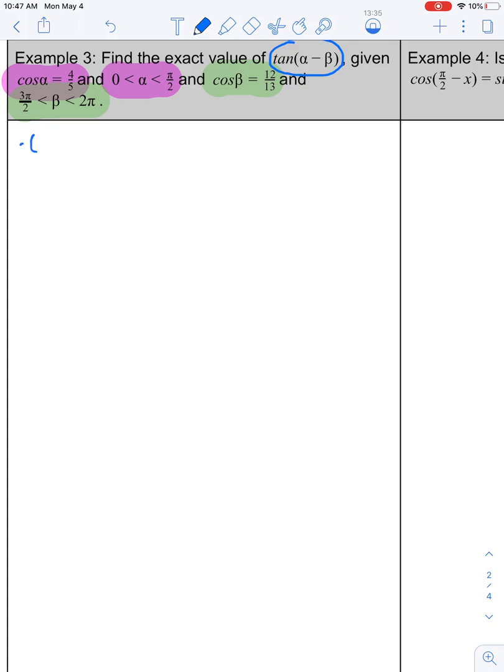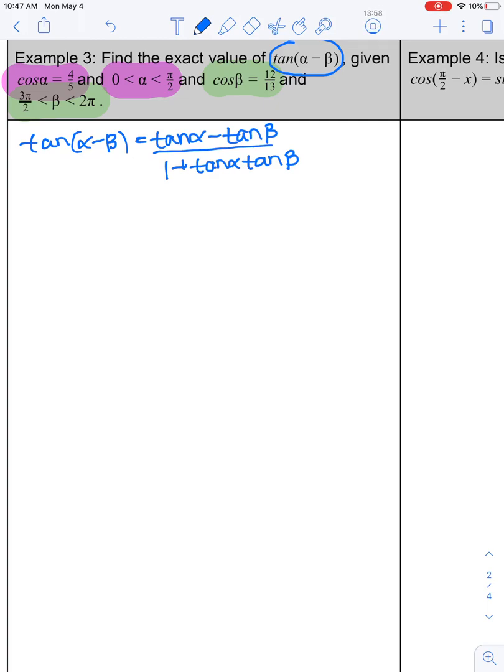So we were told at the beginning of our notes that tangent of alpha minus beta is the same thing as tangent alpha minus tangent beta, right? That subtraction stays the same in the numerator, divided by 1 plus tangent alpha tangent beta.